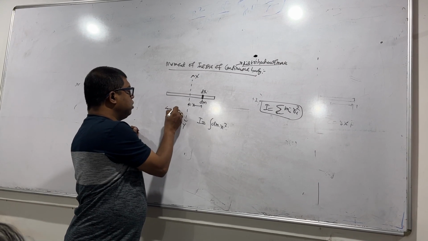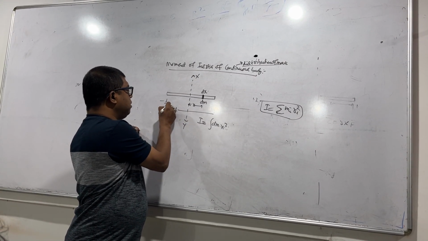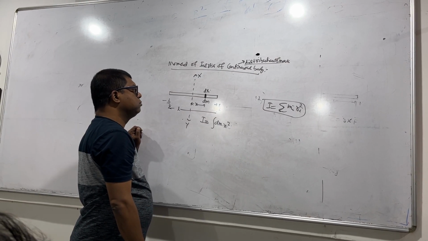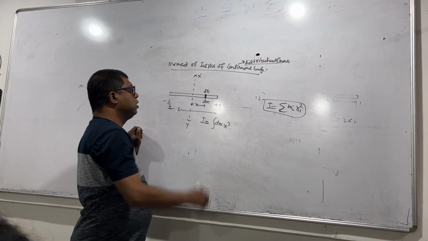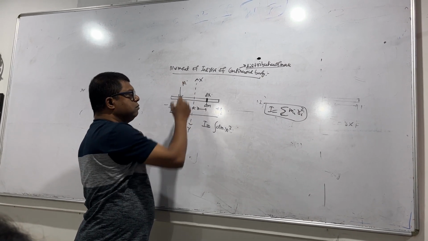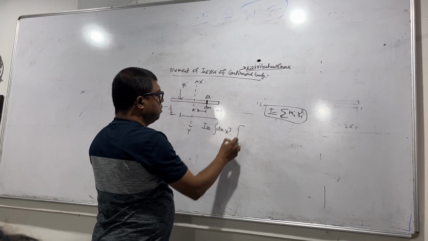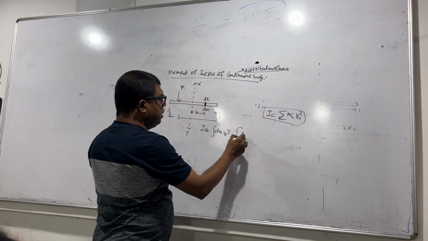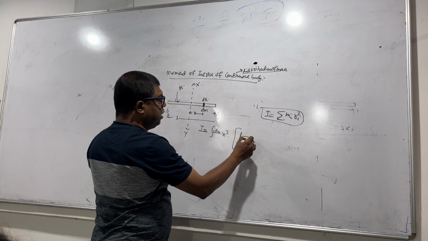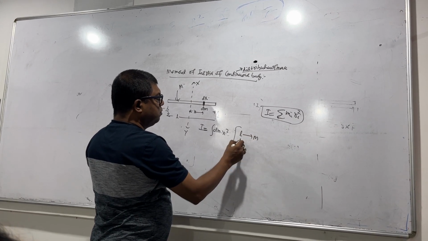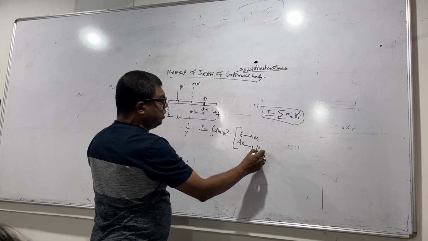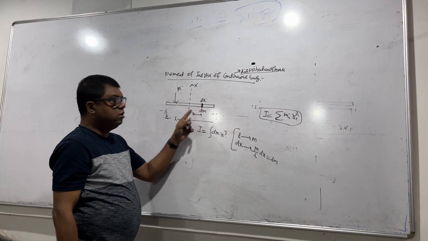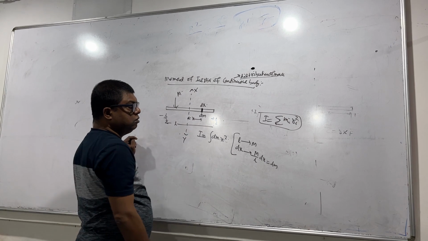The total length of the rod is L, so the limits are minus L by 2 to plus L by 2, and the total mass of the rod is M. The mass of length L is M, so the mass of length dx is M by L into dx, and this is dm. Here x is the distance from the axis of rotation.